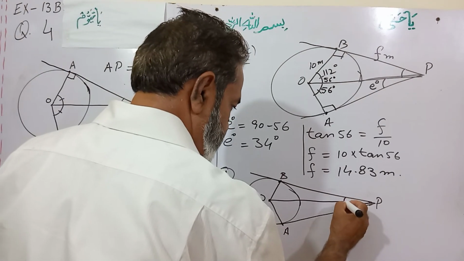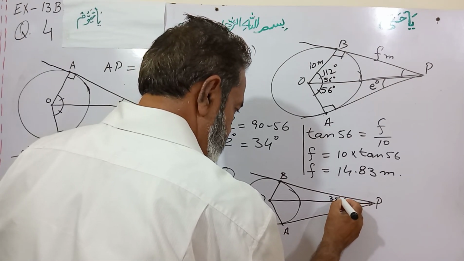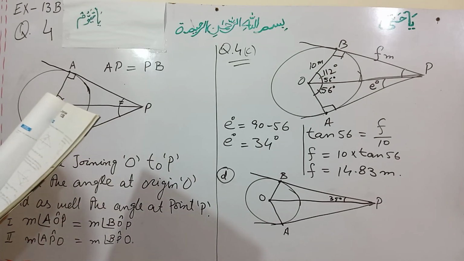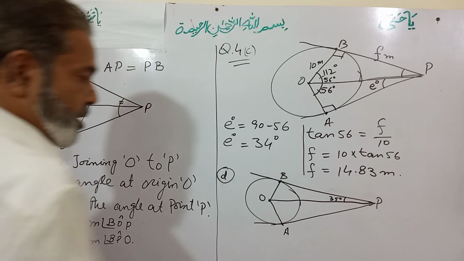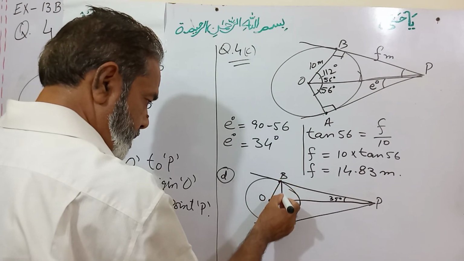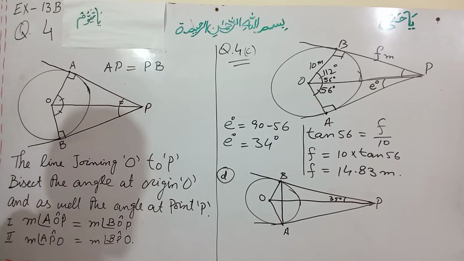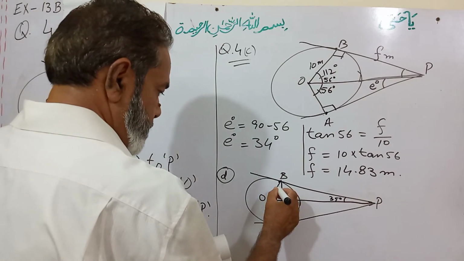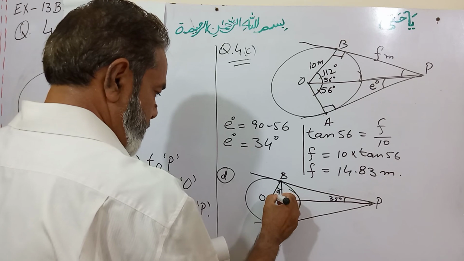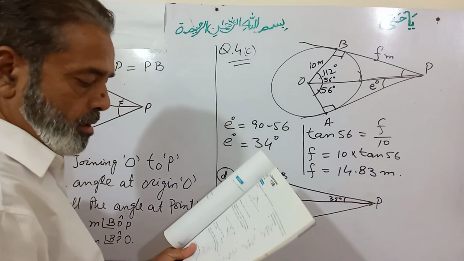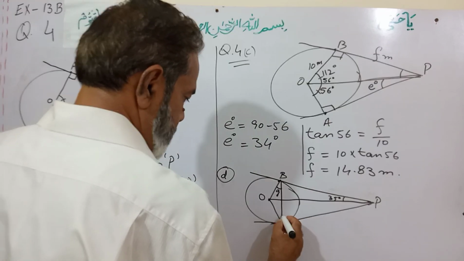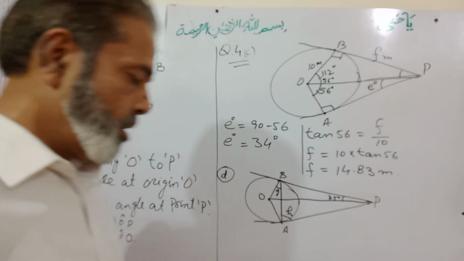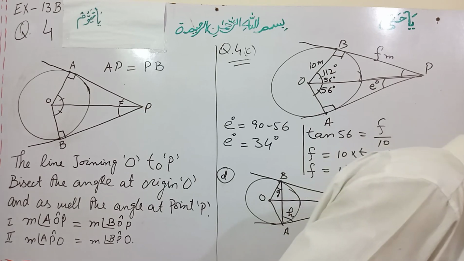This is 35 degrees given, and a line joining A to B he has drawn. This line, there is angle G, and there is an angle H. Only the angles are required in this.